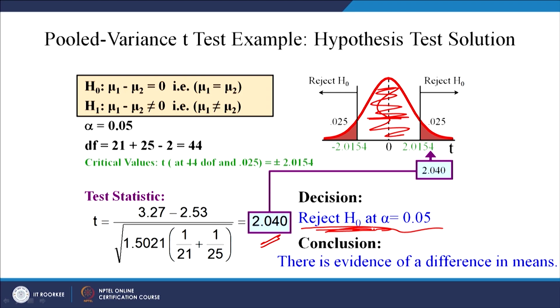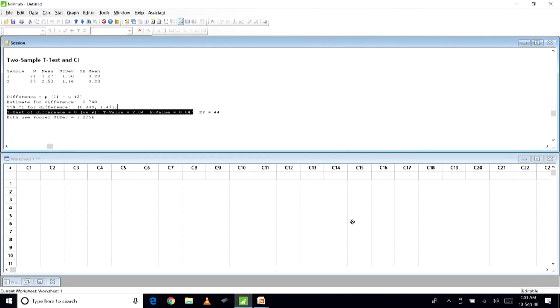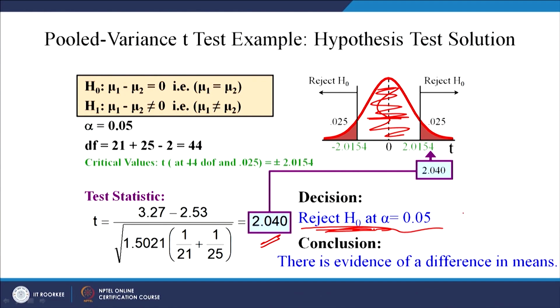So, in fact, okay, just look at this once again. The p value here is 0.047 and alpha is equal to 0.05. So, p is less than alpha. So, in fact, it was my mistake.